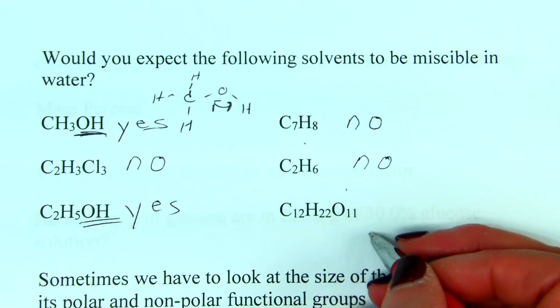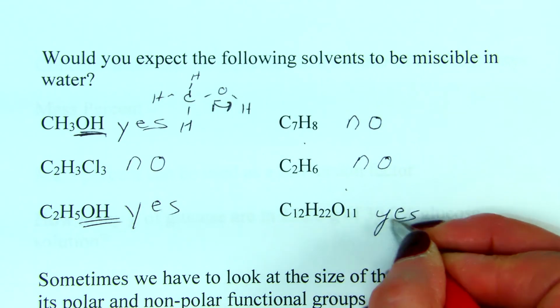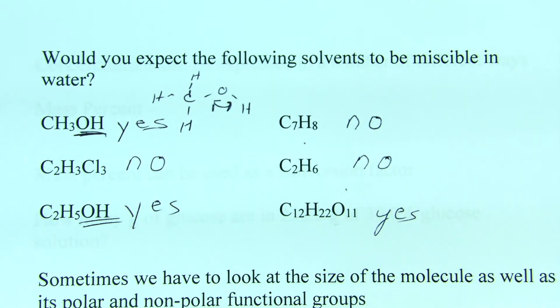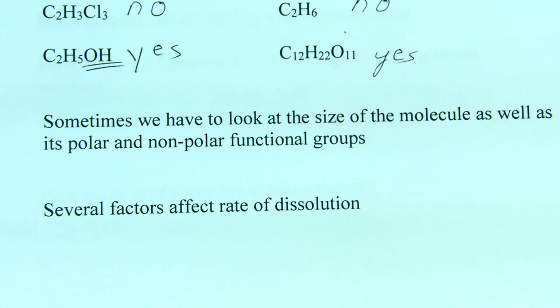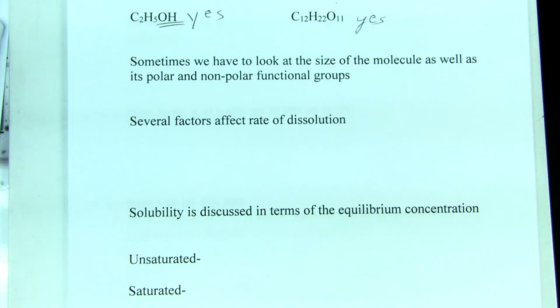And how about this one? It's kind of hard to tell at this point in Chem 101, but yes, it would be because of having all those oxygens in there. When you draw the structure out, you'll see some double bonded oxygens, and yes, it is polar. So sometimes as we're trying to predict whether or not things will be miscible, we have to look at the size of the molecule as well as its polar and nonpolar functional groups.